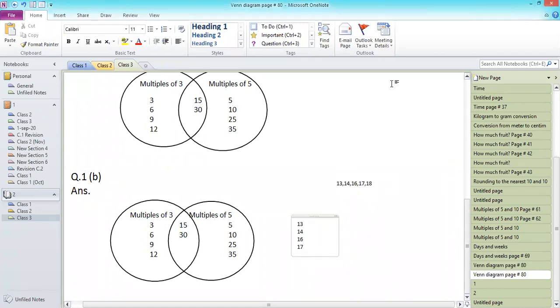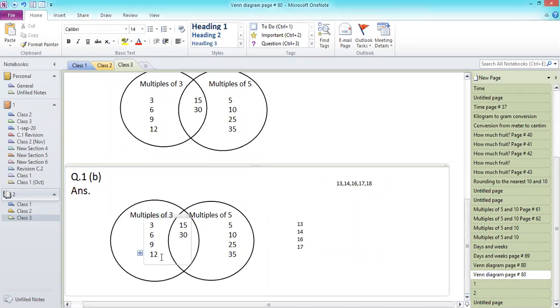And what about 18? Tell me, should I write it in the multiples of 3, or in multiples of 5, or in the common area? 18 is a multiple of 3, but it is not a multiple of 5.